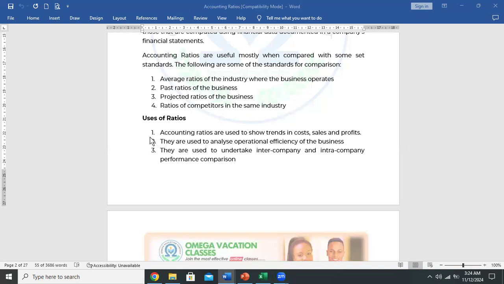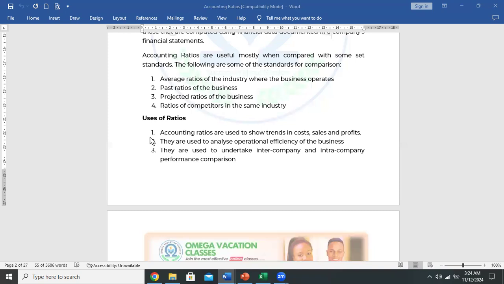Or even for you, you can do inter-colleague comparison where you compare your results to your colleagues' results. But intra means within the company, like Ella suggested. So when MTN, for instance, compares the profit it made in 2024 to the profit it made in 2023, then this is a self comparison or evaluation of performance over several periods of time.